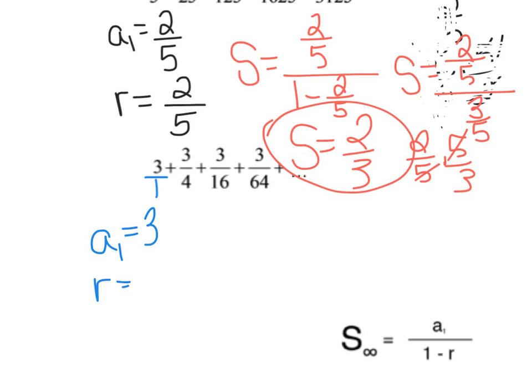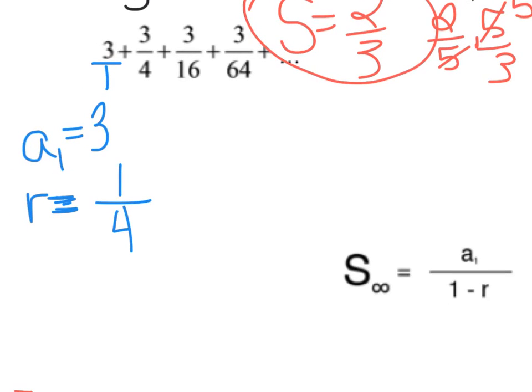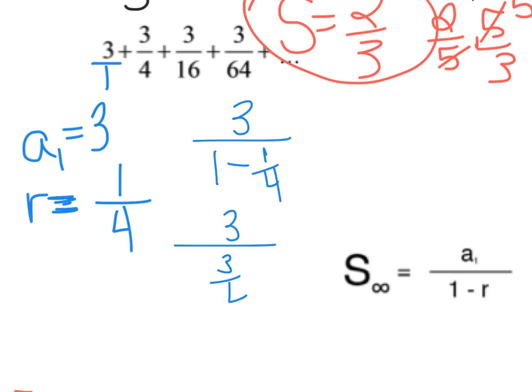Our ratio is 3 every time, and since we are in geometric, that's basically multiplying by 1 in the numerator each time, and times 4 in the denominator each time, because 1 times 4 is 4, 4 times 4 is 16, 16 times 4 is 64. If we put that into our formula, we would have 3 in the numerator and 1 minus 1/4, which is 3/4, so that's 3 times 4/3. So our sum is going to be 4.